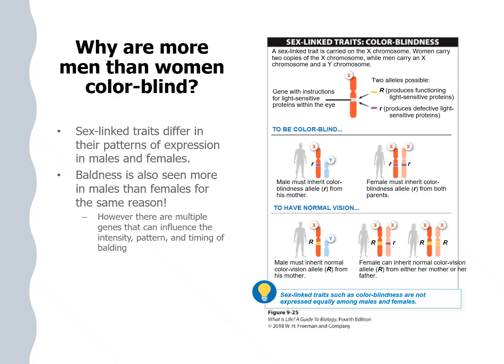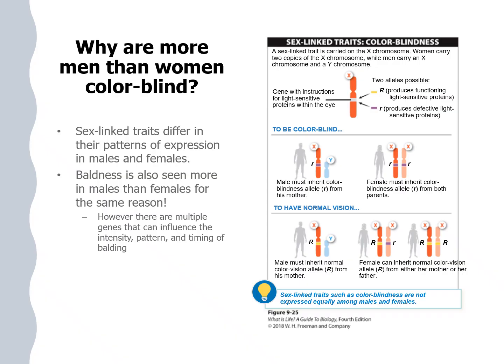That means that if you are a biological male and you receive the recessive allele from your mother, you will be colorblind. If you are a female and you receive a color-blind X chromosome from your mother, your father could give you a dominant allele where you won't have color blindness.